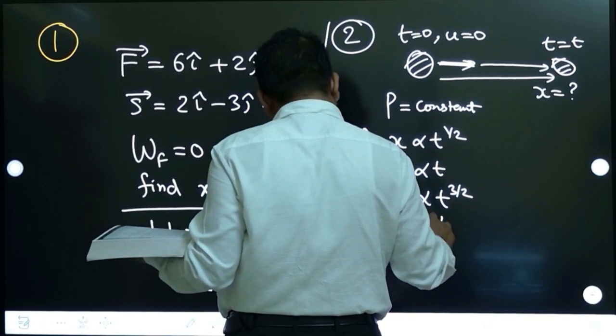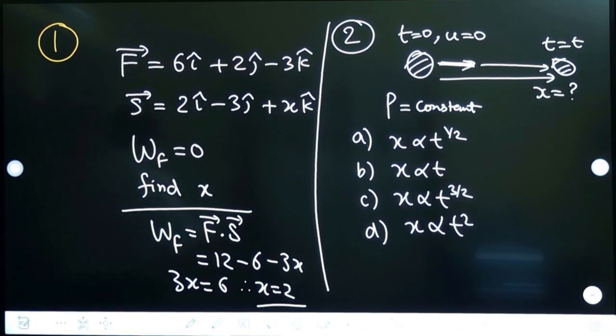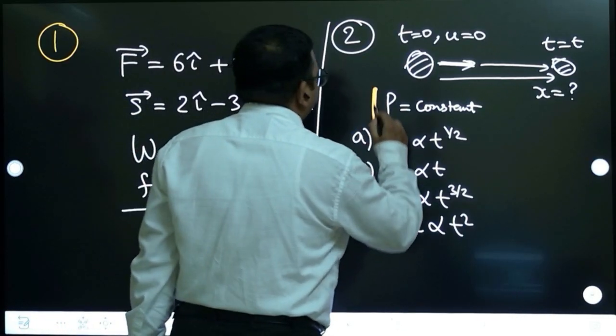Fourth, x is proportional to t square. Do it fast. Power is constant.